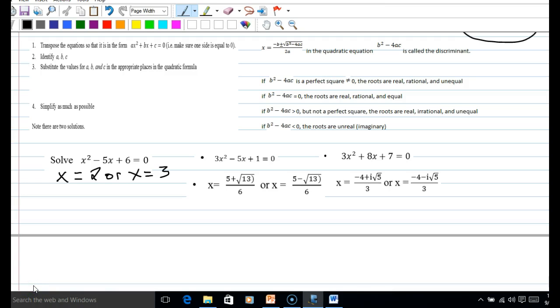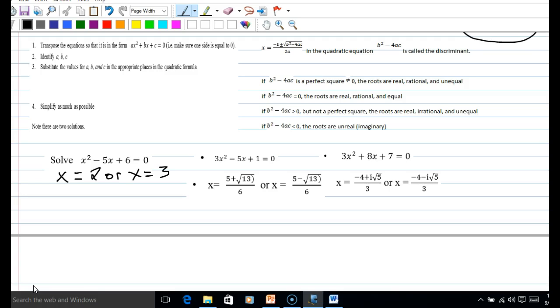From some of the previous examples where we were solving quadratic equations, we had x squared minus 5x plus 6 equal to 0. We found out it has a solution of x equal to 2 or x equal to 3. In the quadratic equation 3x squared minus 5x plus 1 equals 0, we found that x was equal to 5 plus or minus the square root of 13 all over 6.